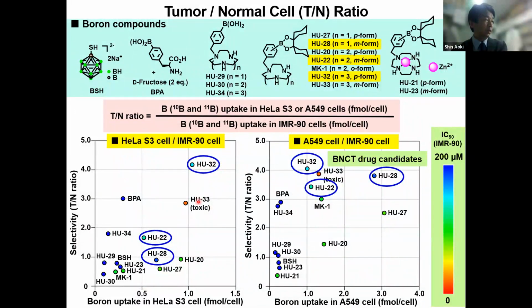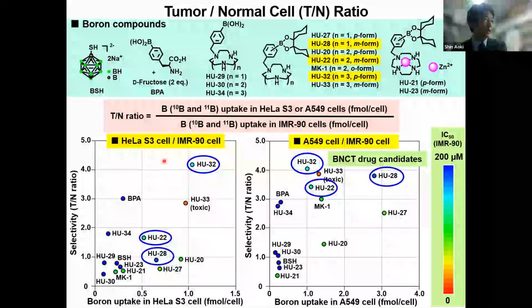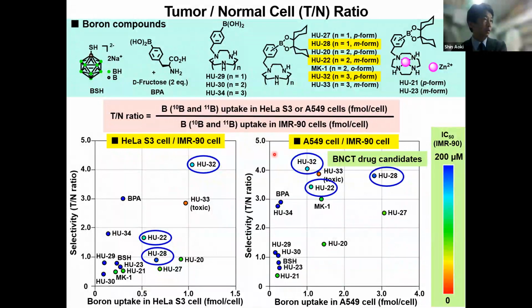This one shows the graph for the HeLa cells and IMR90 cells, which were used as a model of normal cells. And from these graphs, we have selected 3 compounds, Hu22, 28, and 32, in consideration of these toxicities.